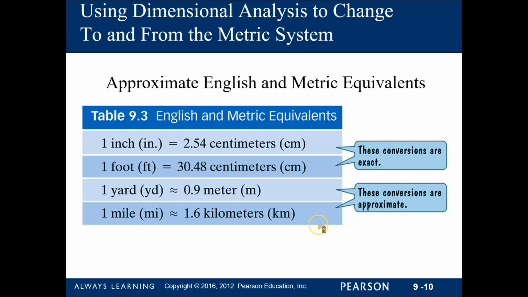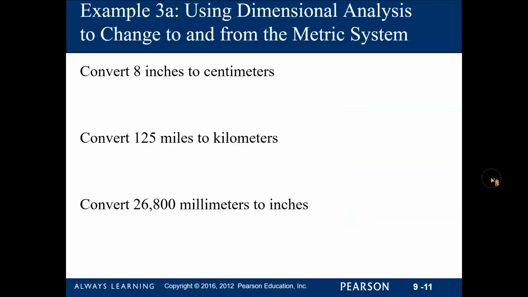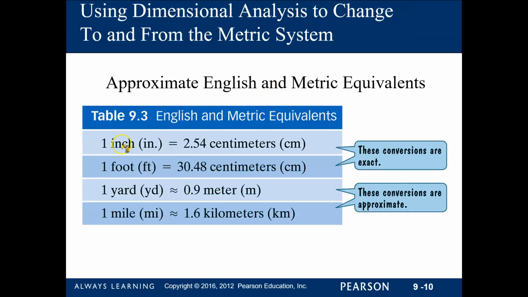Let's have some examples. Let's say we need to convert 8 inches to centimeters. If you look at our conversion table, inches and centimeters is right here. There is an exact value equivalence.